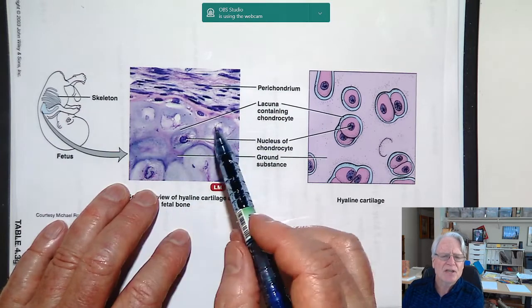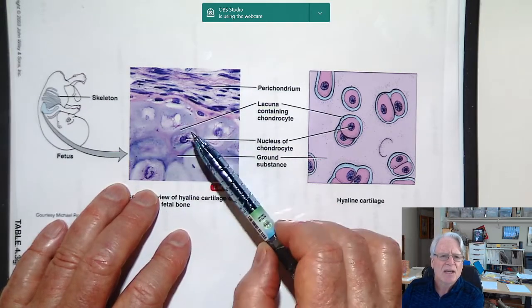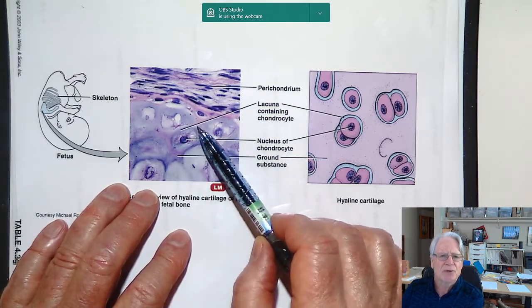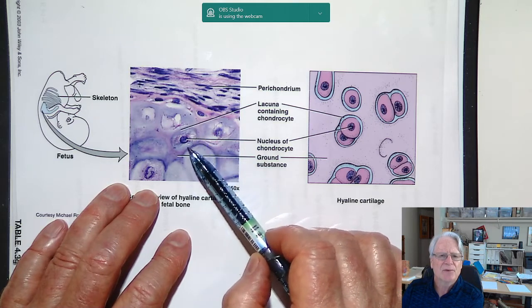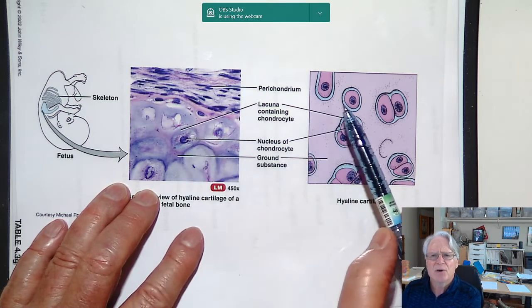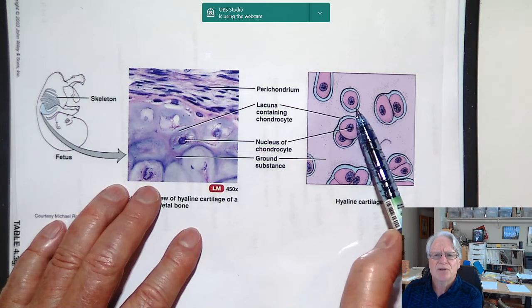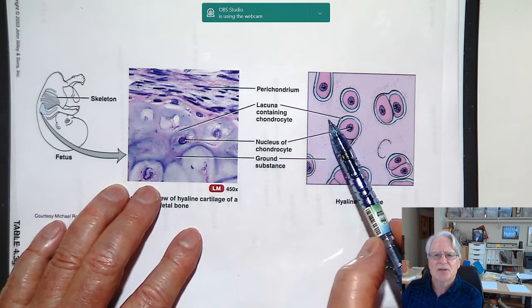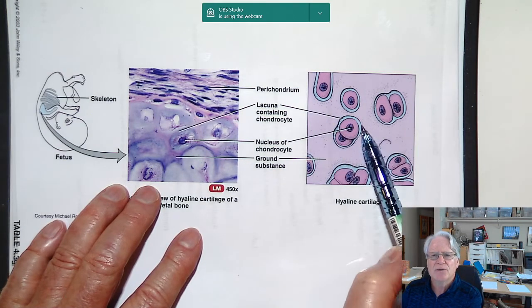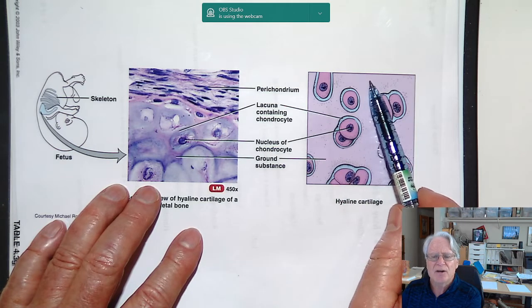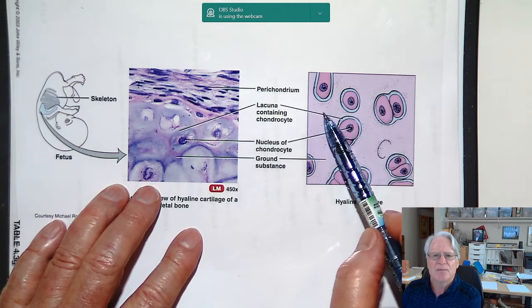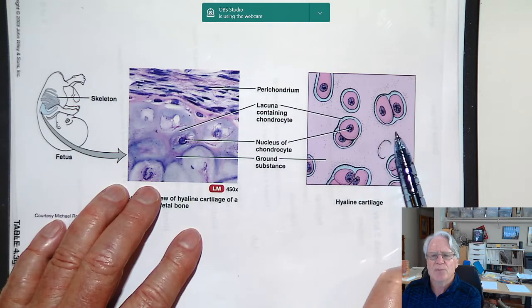So what you're going to see is this kind of bluish haze, and then these circle-like structures in the cartilage. And if you look over here at the drawing, this is the extracellular material. Now you do not see the fibers. They're there, but they are not visible under the microscope, even though they're present.